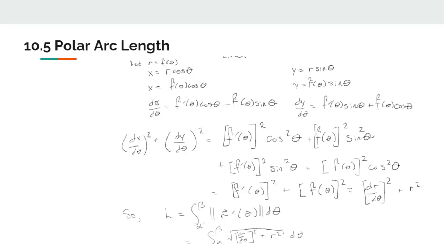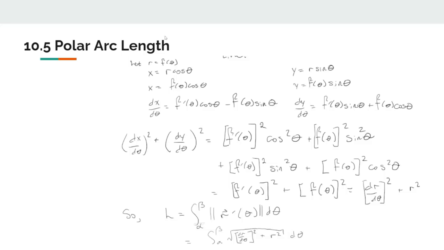Then take the derivative with respect to theta. We need the product rule to do that on both x and y. So take the derivative of the first, keep the second. Well, it's minus because the derivative of cosine is negative sine, but plus the first times the derivative of the second. So we do that on both of these.